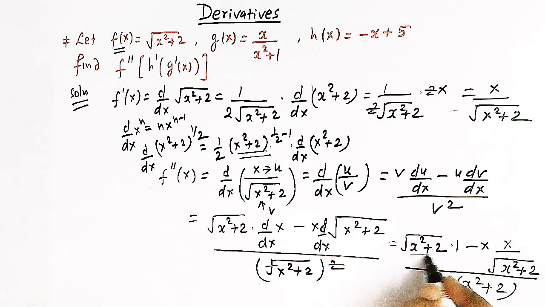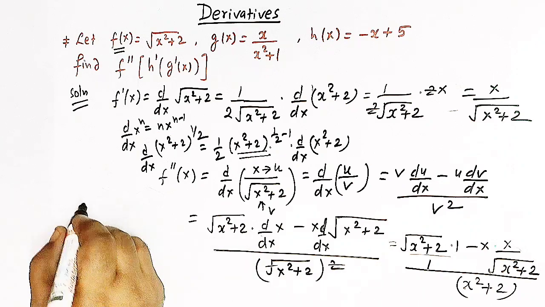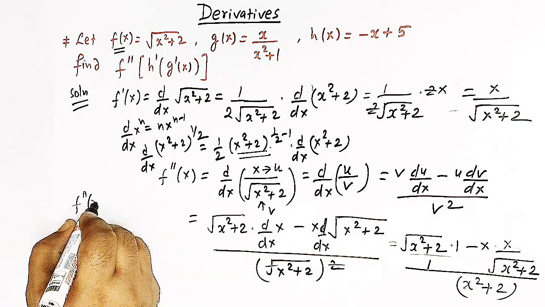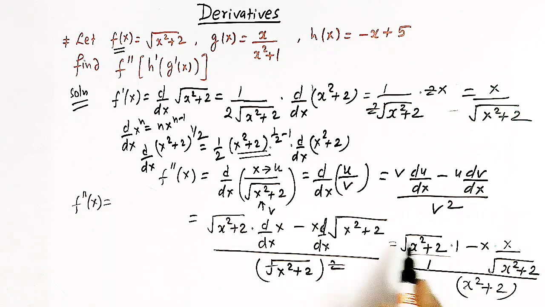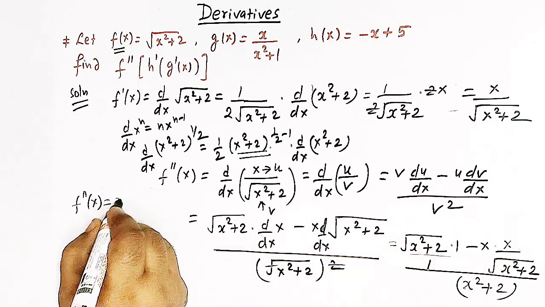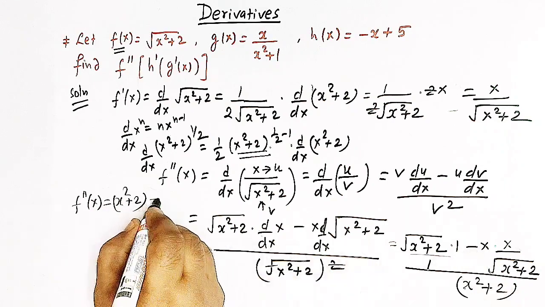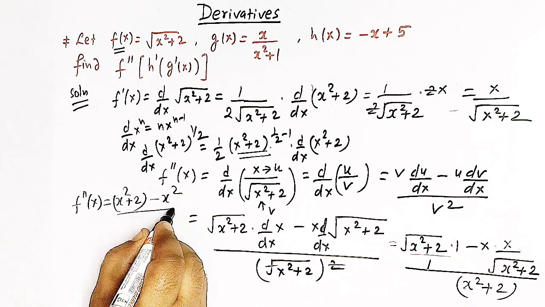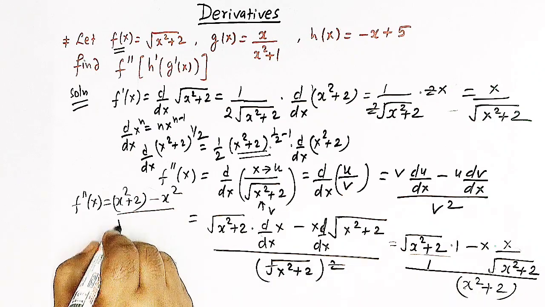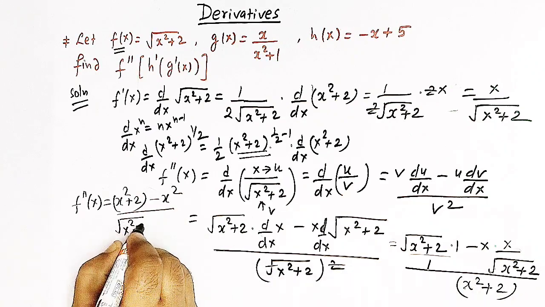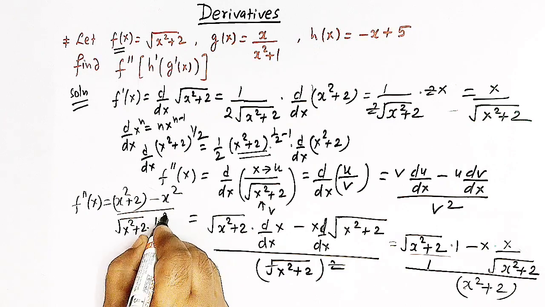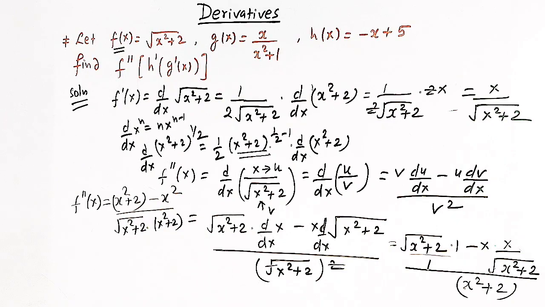Here we can take the LCM and simplify this expression like this: f double prime of x is given by, we can multiply these two quantities, so we are left with only x square plus 2, and then we have minus x square, divided by square root of x square plus 2 times x square plus 2.